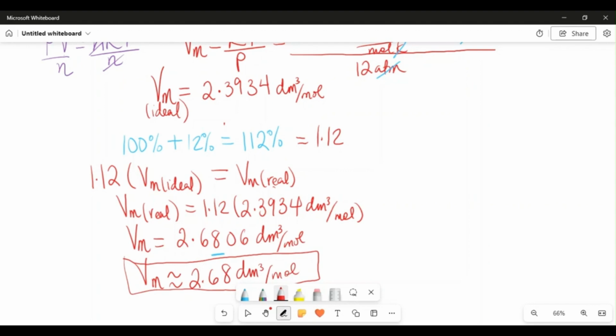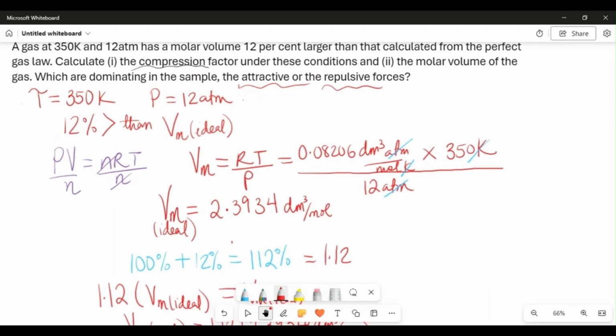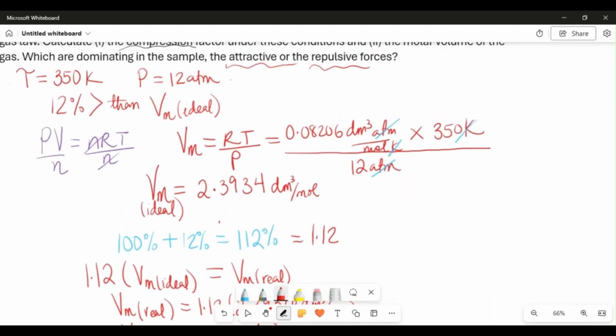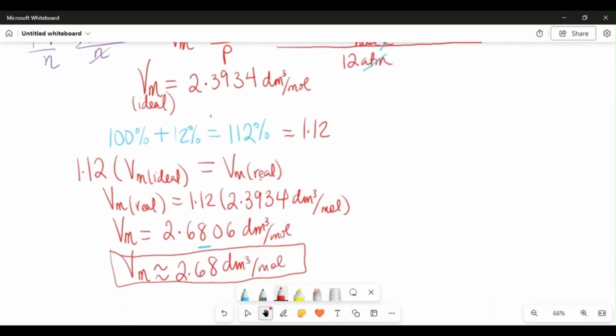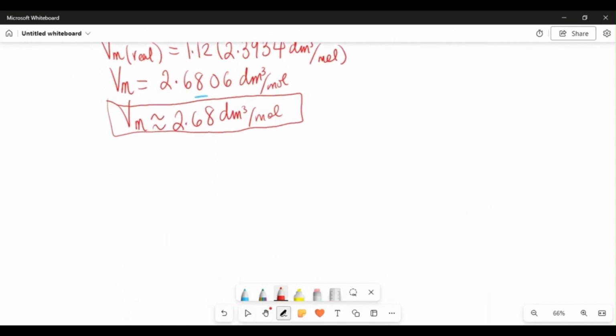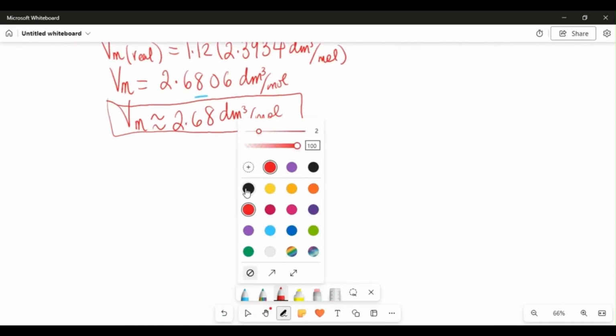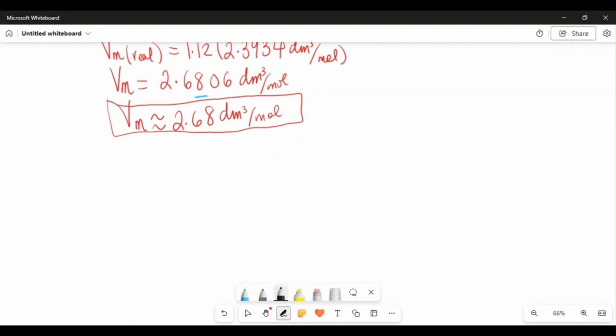This is absolutely beautiful. Now that we found the molar volume of the real gas, we're told to find the compression factor. I wanted you to know that the compression factor is very important when you're learning about real gases.